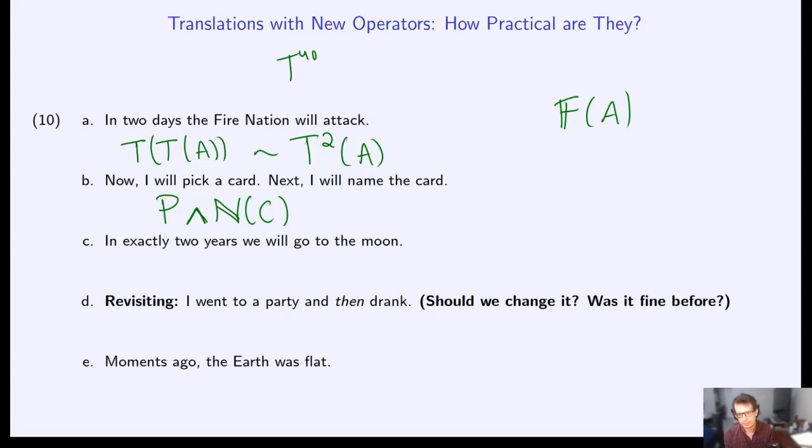And then you put the card back in the deck, and then there's some shuffling, and then he names the card. There's usually some stuff that happens. So the question really is, is the next operator the best way to do this? Or would it be better to write something like this? You pick a card, and then in the future, at some point, the card is named.